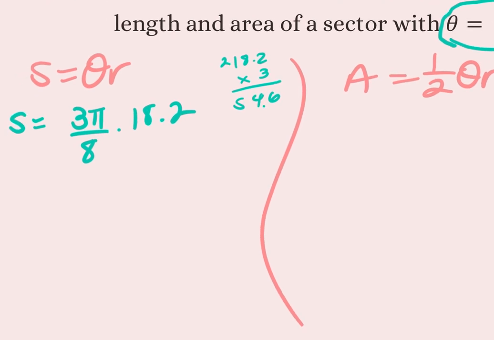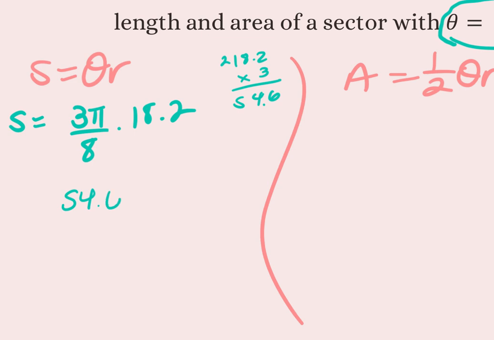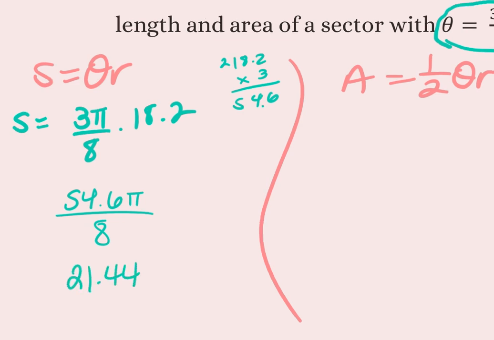And I'd get 54.6 pi over 8. If it says round to the nearest blank, then I'm multiplying that out. So I'm doing 54.6 times pi divided by 8, and it says it would be 21.44.